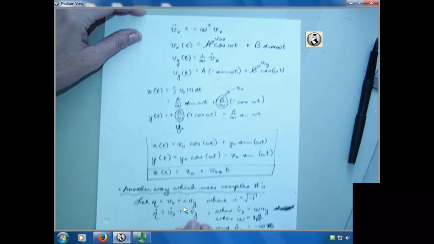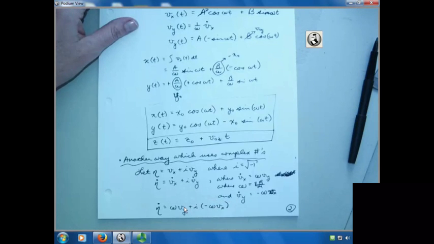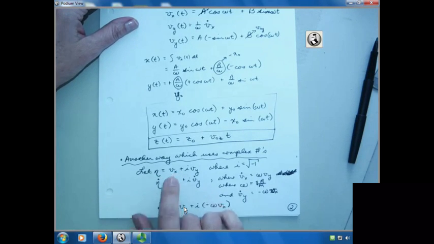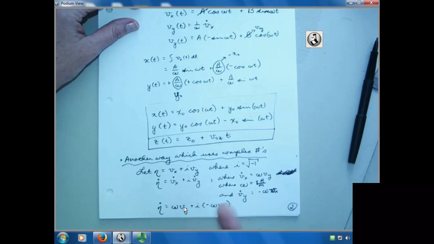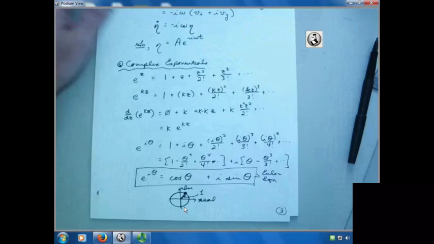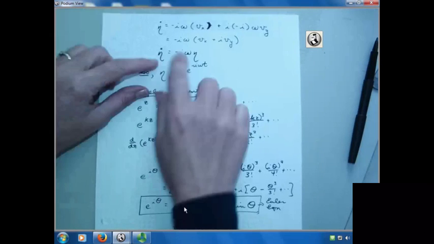All right. But there's another way to do it, which involves a trick: creating a variable which we called eta, equal to the x component of velocity plus i times the y component of velocity. That allows us to add up those two equations and get a single differential equation that is also soluble, which is here.